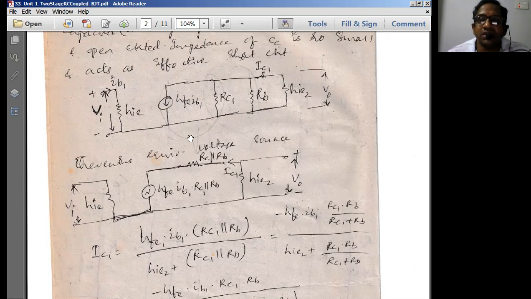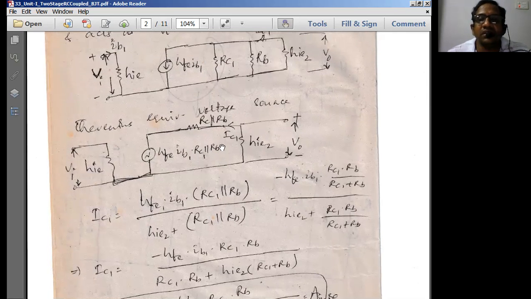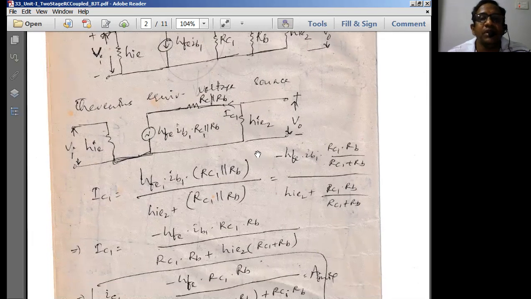HFE IB1 is the current source. Therefore the current is HFE IB1, and the resistance is RC1 in parallel with RB. Thereby I can replace this output circuit by its Thevenin's equivalent. So I can write Thevenin's voltage as HFE IB1 into RC1 in parallel with RB, and the internal Thevenin's resistance is RC1 in parallel with RB.